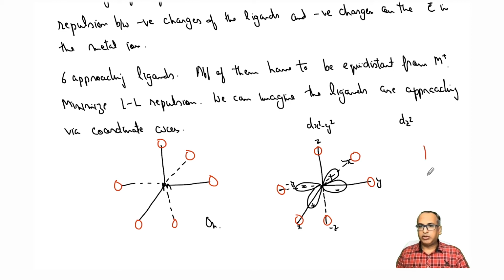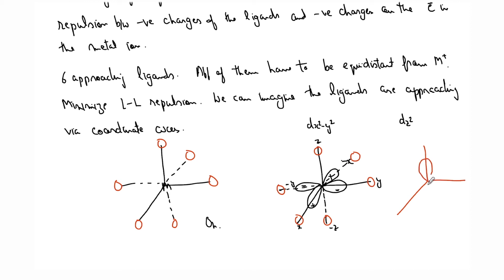And similarly for dz square, what happens? So here also the ligand is coming, one from this side, another from this side, right?